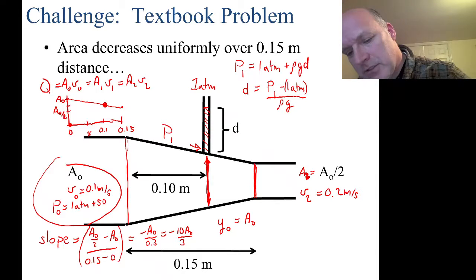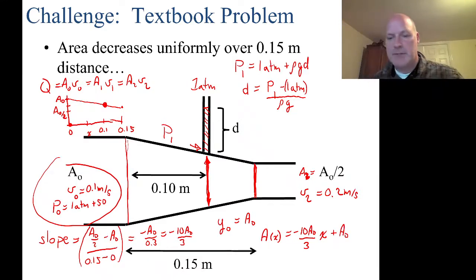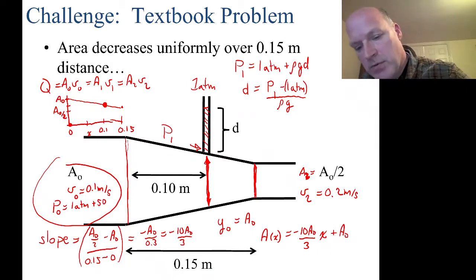So then the equation is going to be area as a function of x is going to be equal to minus 10 A naught over 3 times x plus A naught. Ta-da!